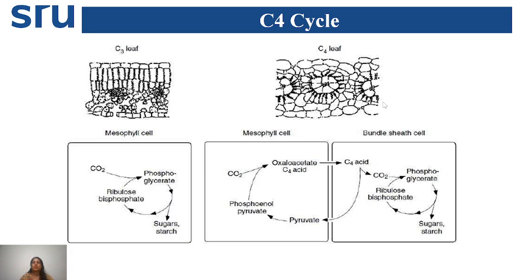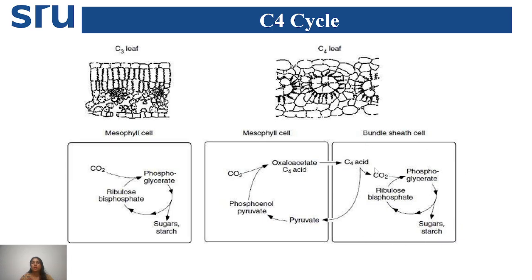Another major difference between the C3 and C4 cycles is that the C3 cycle, or Calvin cycle, takes place only in the mesophyll cells. It completes the entire process: carboxylation, reduction, regeneration. In the C4 cycle, two cells are present: a mesophyll cell and a bundle sheath cell.